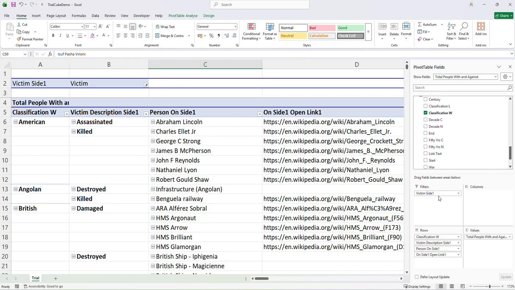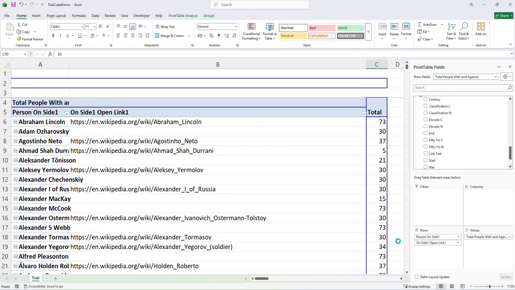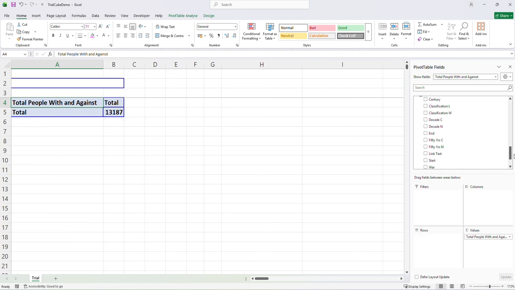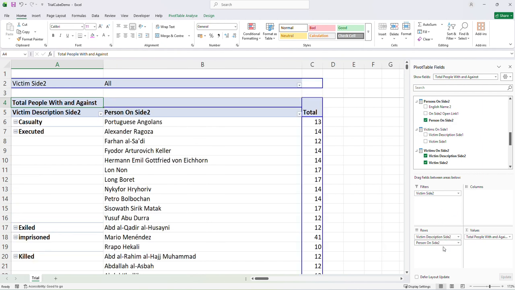In order to find the victims on side two, it's a similar approach. I'll use victims on side two and bring it in as a filter. Then I'll bring in the description here. Then, because this is person on side two, I'll get the person on side two here.